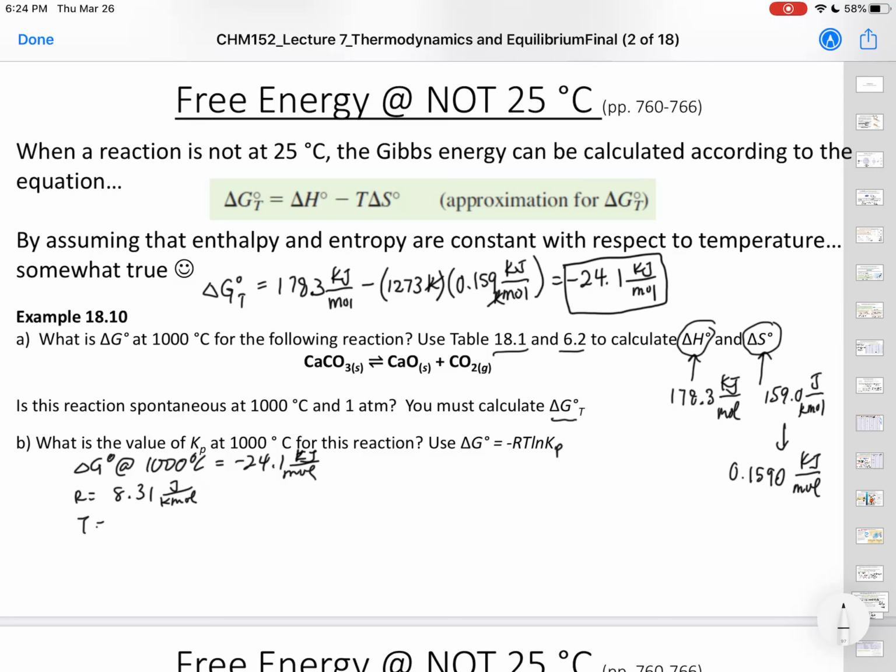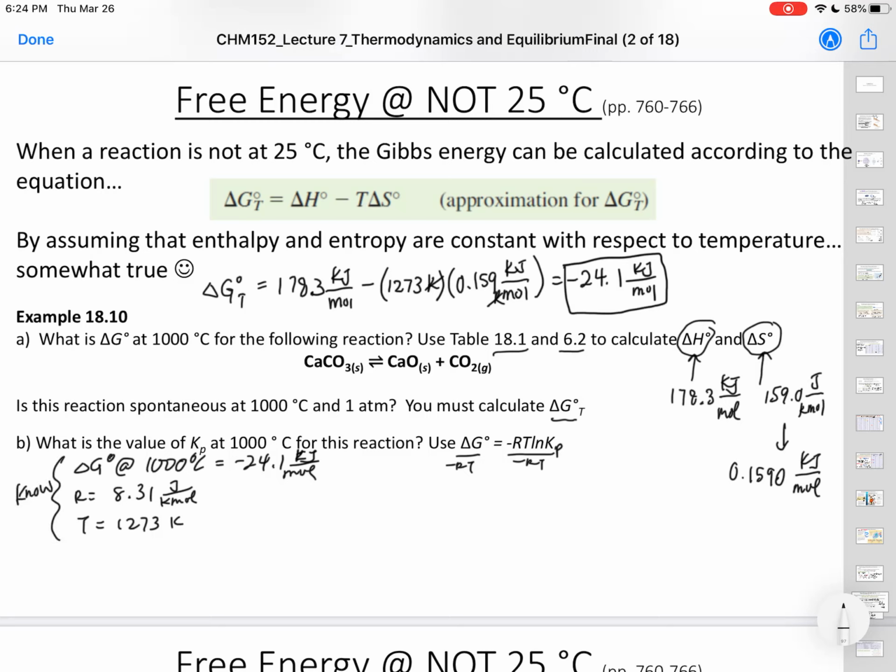Your R is equal to 8.31 joules per K mole, and your T is equal to 1273 Kelvin.